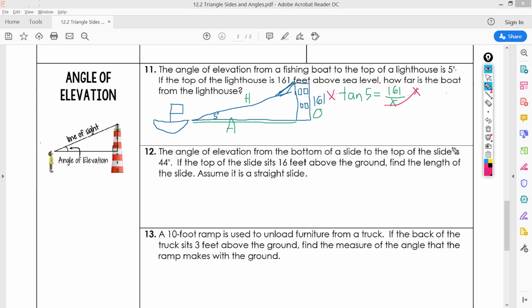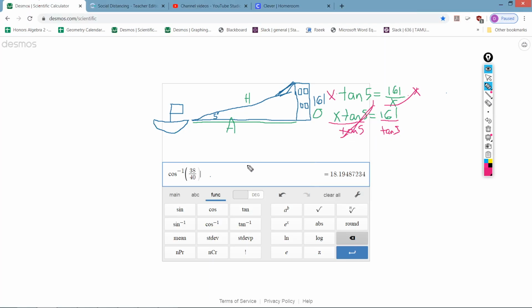My X's cancel. So now I have X tangent of 5 equals 161. And now I want to get X by itself, so I divide both sides by tangent of 5. These cancel, so I just get X equals 161 over tangent of 5. So I just go to Desmos.